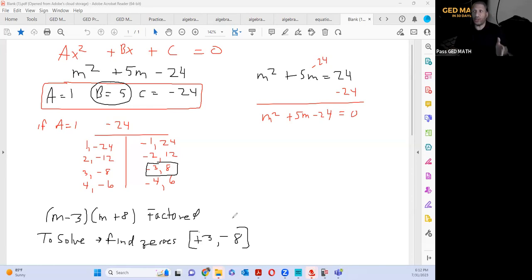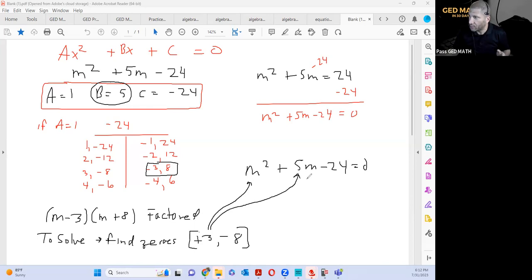That means if you plug those numbers into m² + 5m - 24 = 0, if you plug these numbers in as m, you should get 0. If you plug in -8 into this equation, you should get 0. Why? That equation is now valid because it's equal to 0.